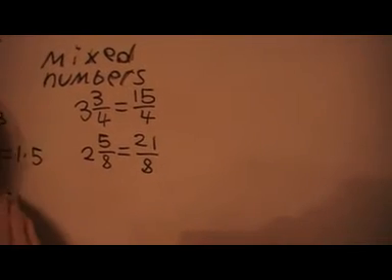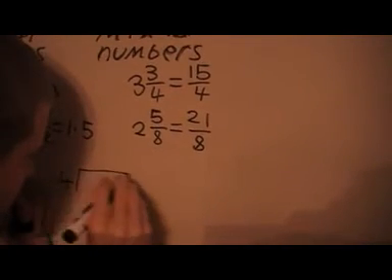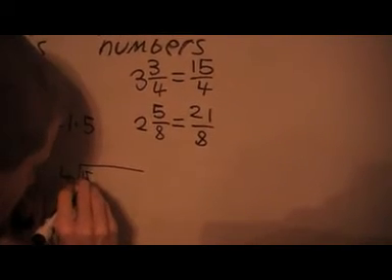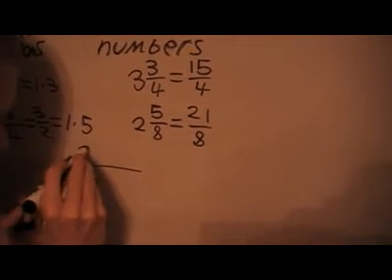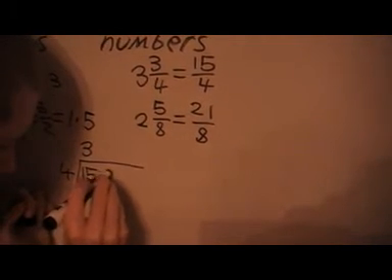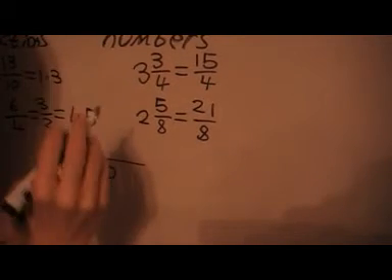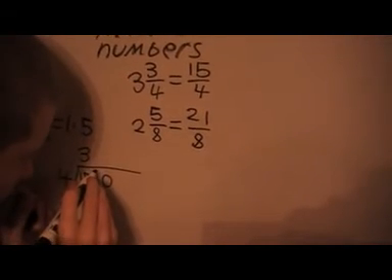So first one we're going to have 4 into 15, which will go 3. And that'll leave a remainder of 3.